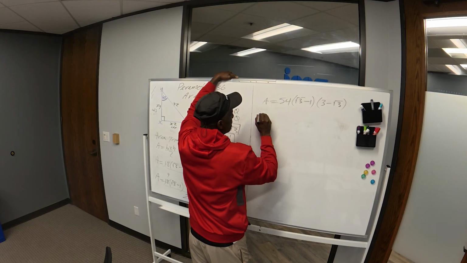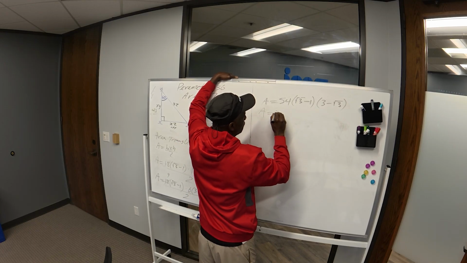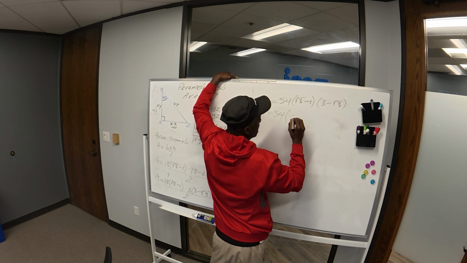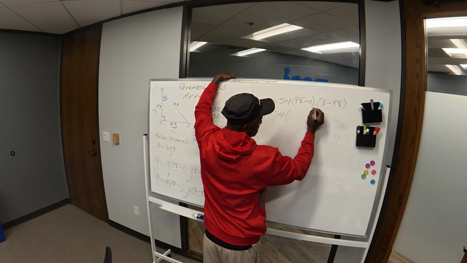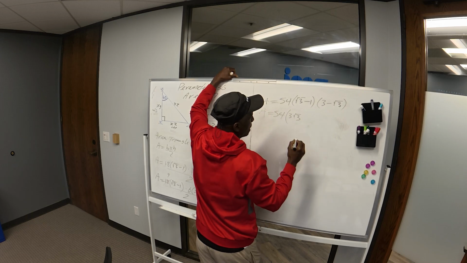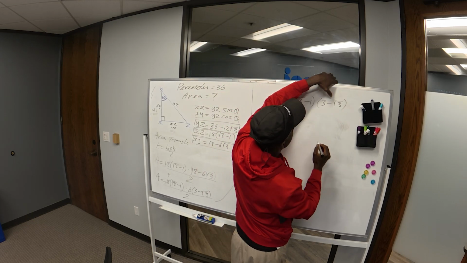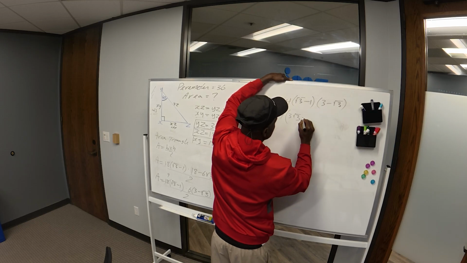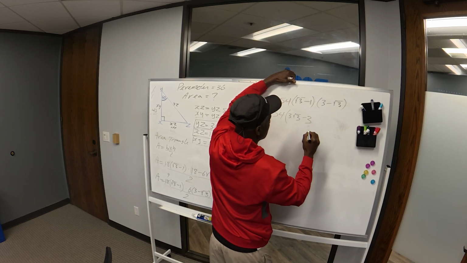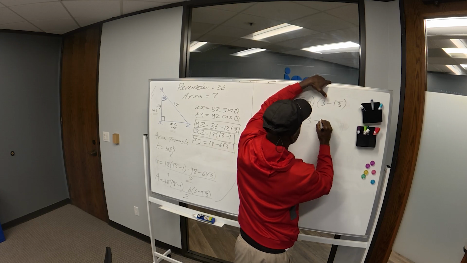We have A is equal to 54 outside, square root of 3 times 3 is 3 square root of 3. And we have square root of 3 times negative square root of 3, which is minus 3. We have minus 1 times 3 is minus 3.